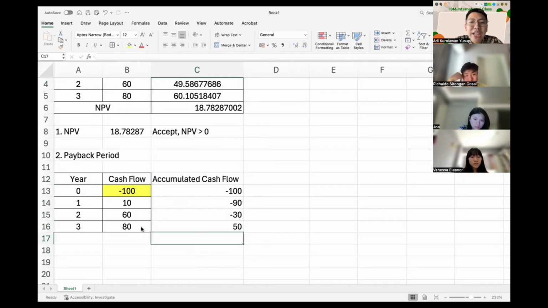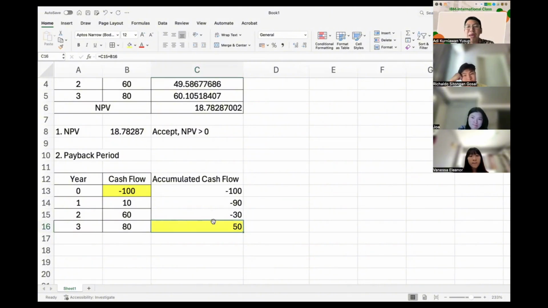Your initial capital is back when the accumulated cash flow is positive, right? You can see here in year 2, it is still minus 30, meaning your money has not been back yet. In year 3, it is already positive, meaning your money has been back.